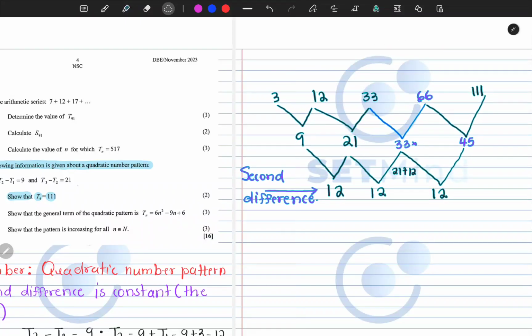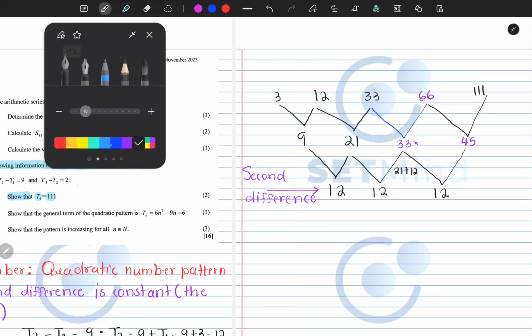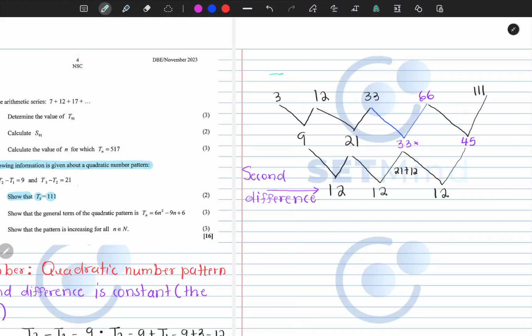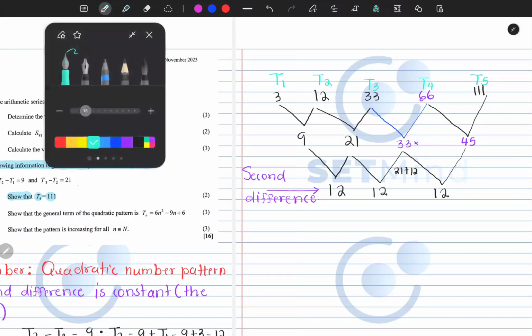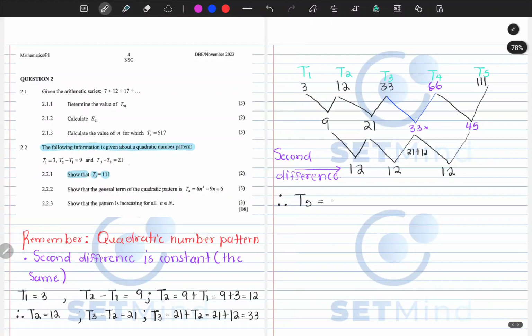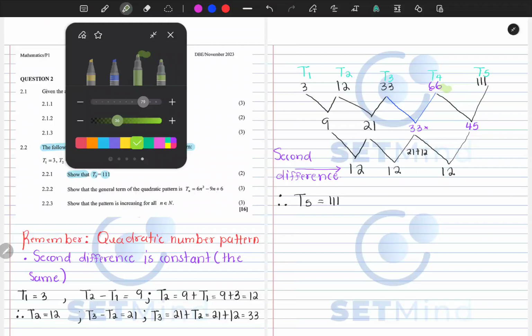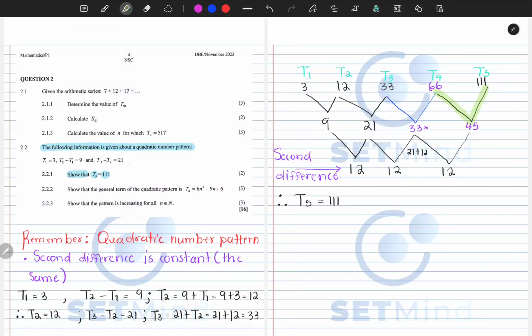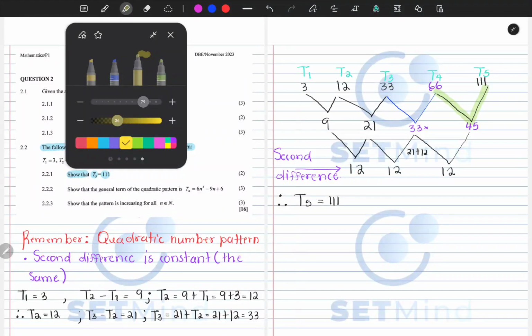So if you look carefully, I have found the term which they are looking for because they were looking for term 5. So here I have term 1, term 2, term 3, term 4, and term number 5. So I should go and tell them that our term number 5, which is what we were looking for, is indeed 111. How did we find 111? You add 66 with 45. So that's how you find the next term.